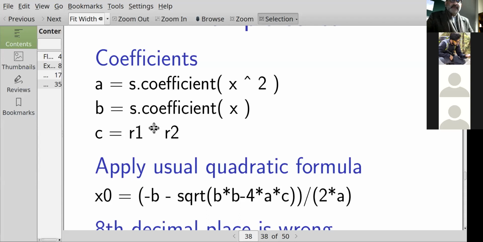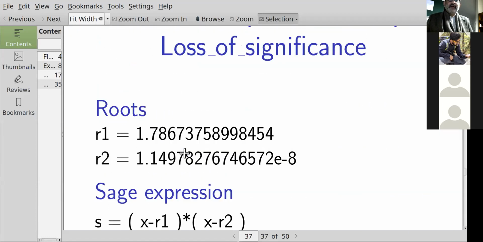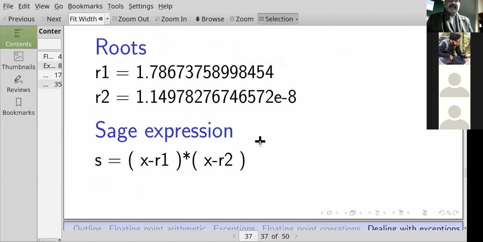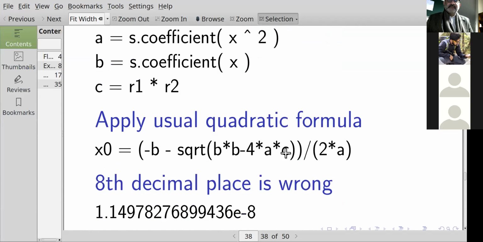So here's one of the roots. X is equal to negative b minus the square root of b squared minus 4ac divided by twice a. So that's one of the roots, and this is the smaller root, right? You get the other root by saying plus the square root. But okay, so what happens? If you go back here, the 8th decimal place is wrong, okay?